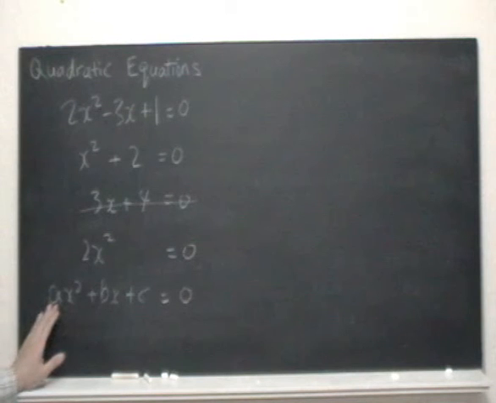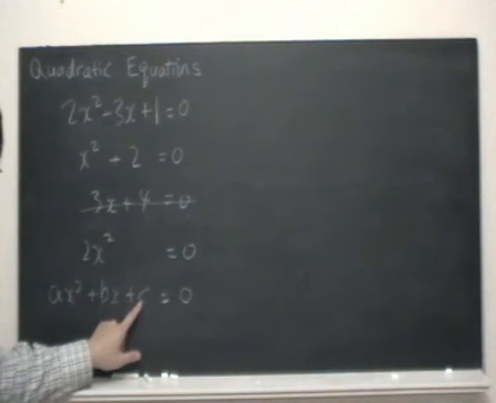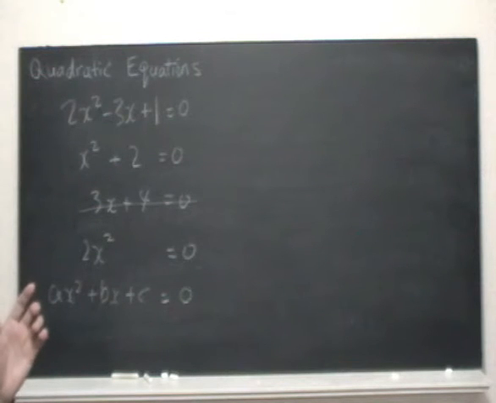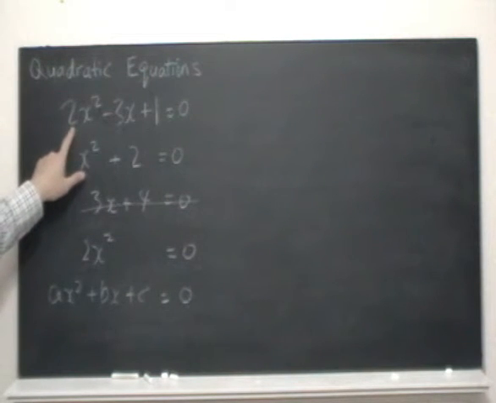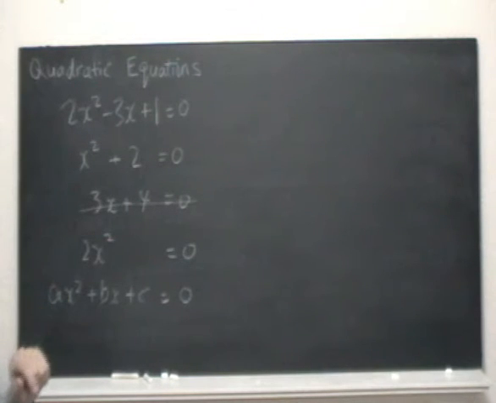What this means is that a, b, and c represent numbers that we actually know. Numbers that we know, like the 2, the minus 3, and the 1.